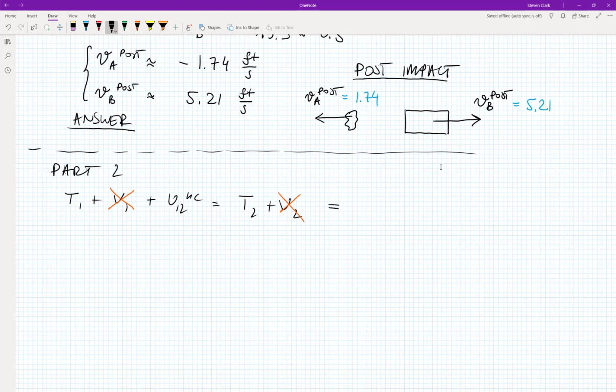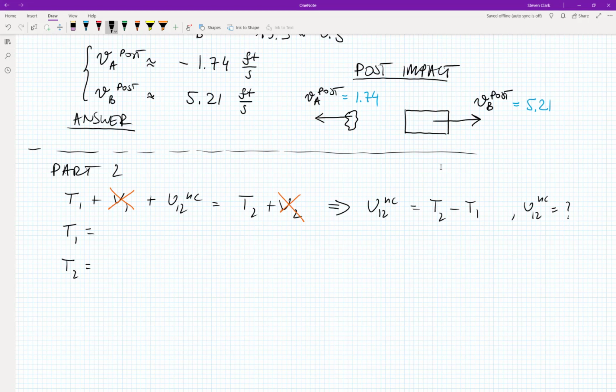And we can simplify our equation to the following form. So the energy lost during the impact is basically a difference between kinetic energies in this case. And our goal is to find U12 non-conservative. So we have to find what is T1 and what is T2, where of course T1 corresponds to the situation pre-impact and T2 corresponds to the situation post-impact.